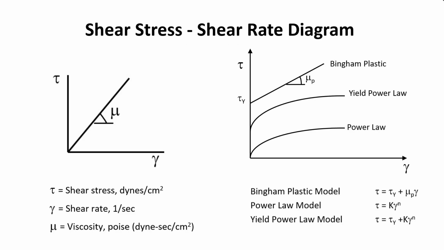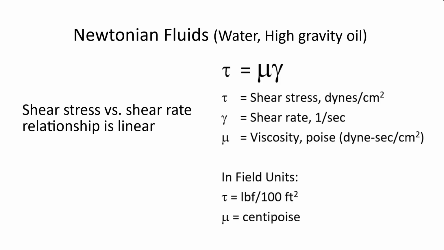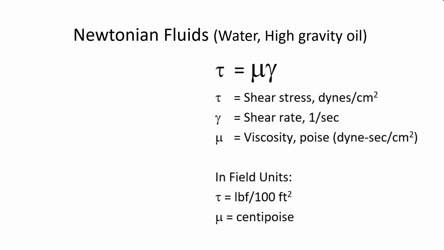Generally, rheological behavior of matter can be described by using a shear stress to shear rate diagram. Depending on the shear stress versus shear rate characteristics, the fluids can be classified as either Newtonian fluids or non-Newtonian fluids. The fluid shows Newtonian characteristics if the shear stress versus shear rate relationship is linear, with the constant slope of the line being equal to the viscosity.